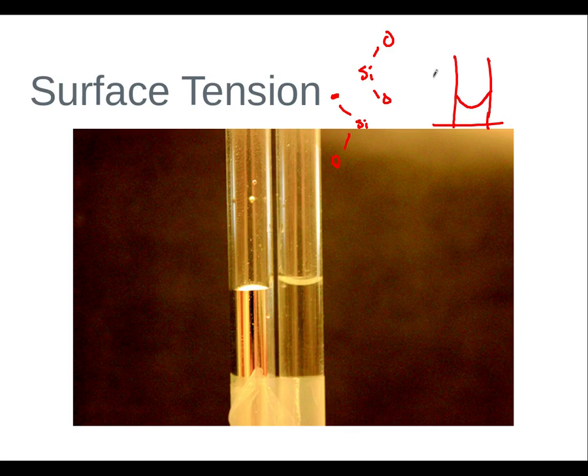But as soon as we hit where we've waxed the sides, I'll just write wax here, it would suddenly curve up. It's because that coating of wax is stopping the water from interacting with the silicon oxide underneath. And it's safe to say that wax is a nonpolar molecule, which is why the water is repelled by it.